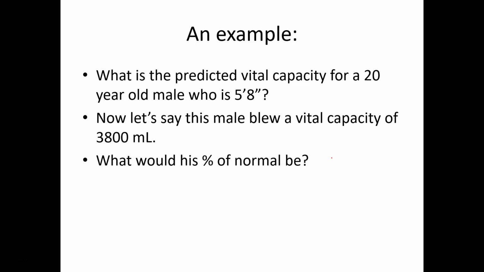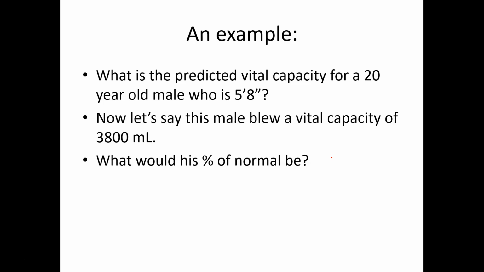That's 4,385 milliliters. Now, let's say that he blew a vital capacity of 3,800 milliliters. So that means he blew into that device called a spirometer as much as he possibly could, but he could only blow out 3,800 milliliters.